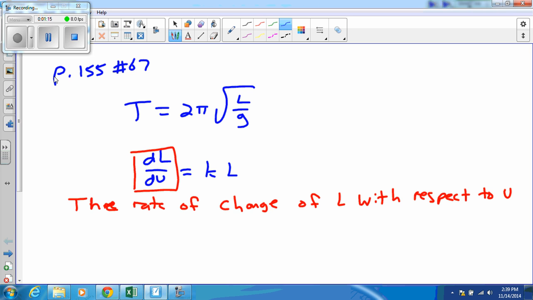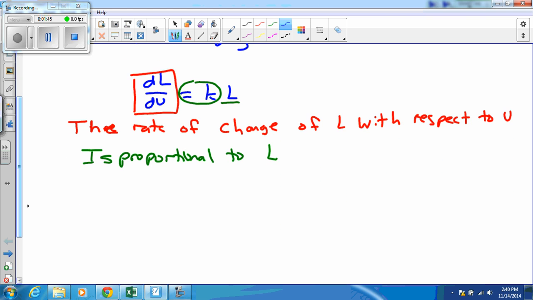And is proportional to means equals a constant times, and then is proportional to L would mean is a constant times L. So we have this information: dL/dU is equal to k times L. The rate of change of L with respect to U is proportional to L.